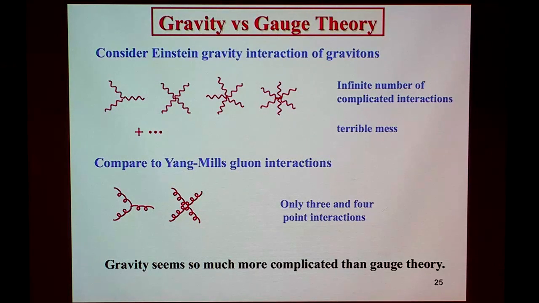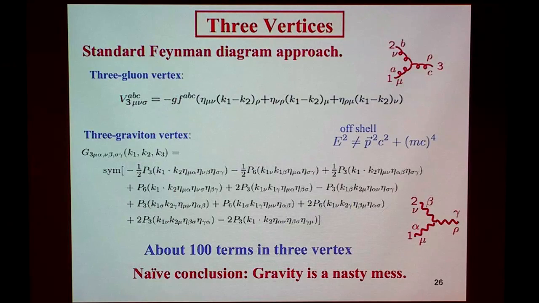But let me make that a little clearer, what I mean by more complicated. So this is Yang-Mills theory, 3 gluons. You can see it looks a little complicated, but it's not terrible. And then we compare it to gravity. This thing is out of control. In fact, it's much worse than you think, because there are slick ideas.